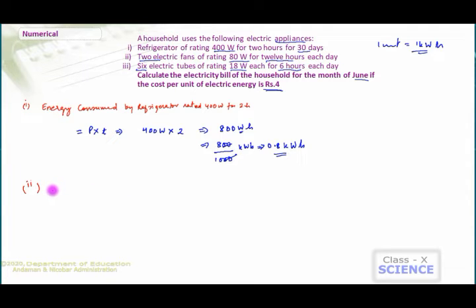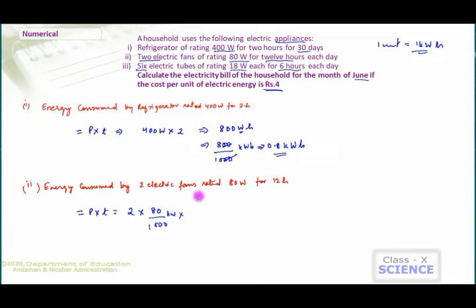Second, we have to write the energy consumed by two electric fans of rating 80 watt for 12 hours per day. So that we will write. So again the same formula we will use, P into T. So here you see two electric fans, so we write 2 into each electric fan rated 80 watt. So here we can write 80 divided by 1000 kilowatt, right? For 12 hours we write here 12 hours.